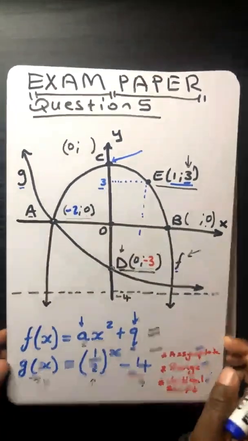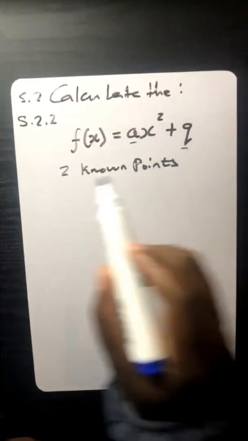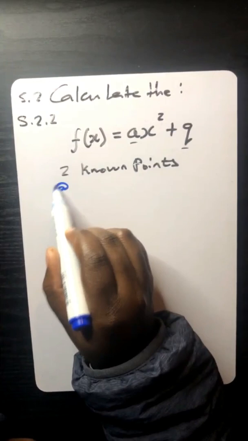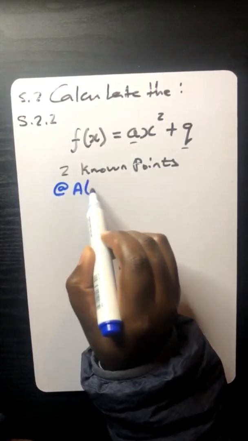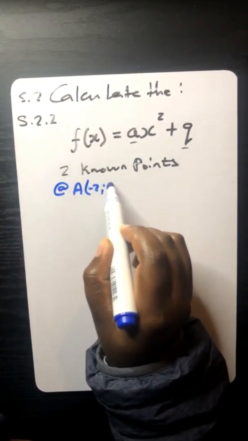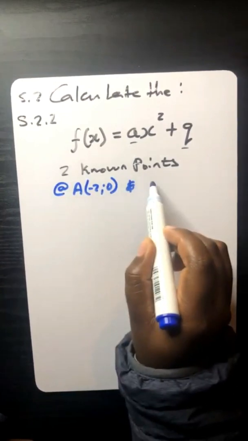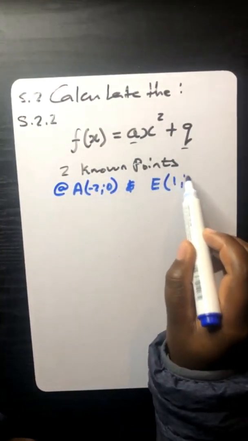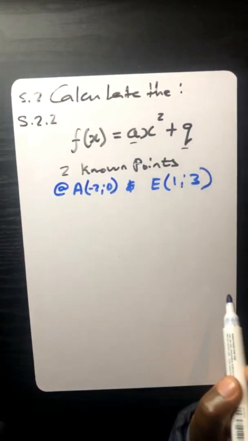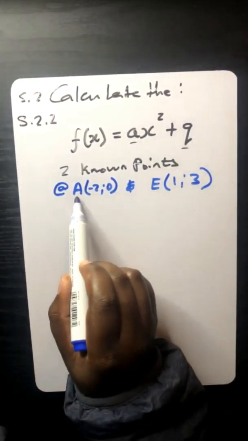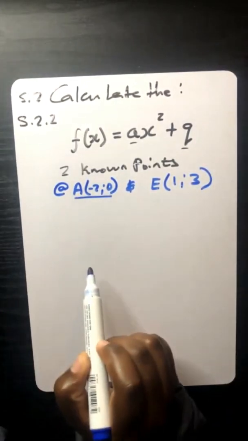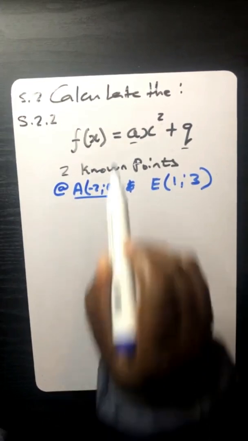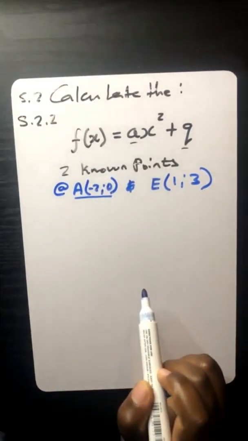Okay, so let's see. That means, ladies and gentlemen, we can say at A we have -2 and 0, and again at E we have 1 and 3. Let's substitute that point A into the formula and see what we are having.